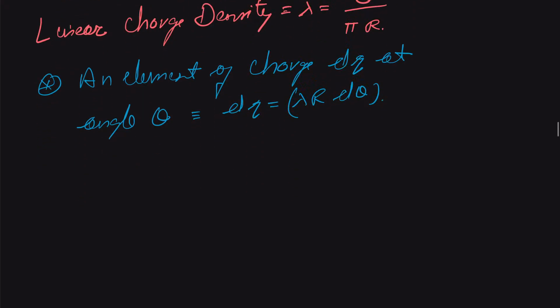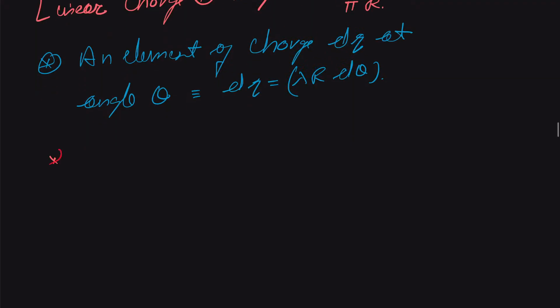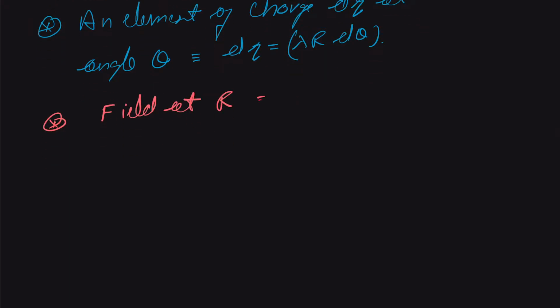Therefore the electric field at distance r: dE will be equal to k dq upon r square.